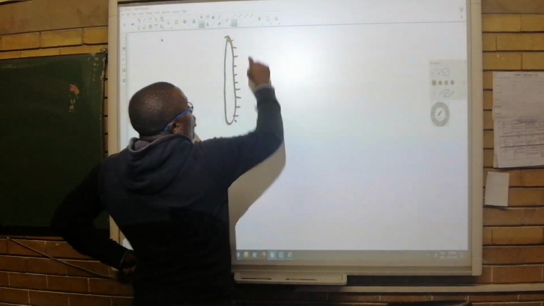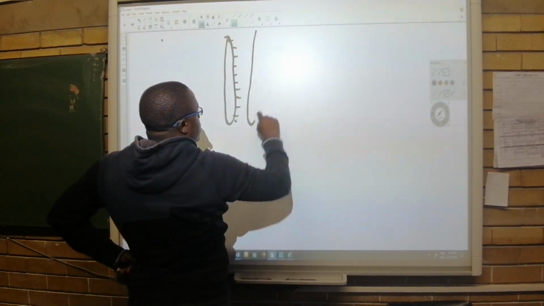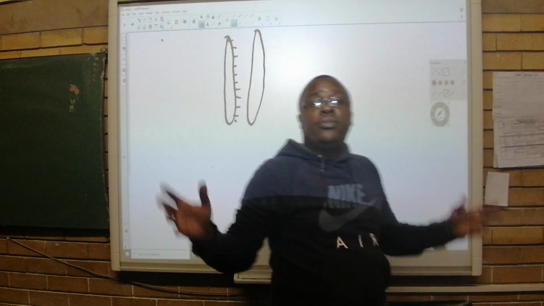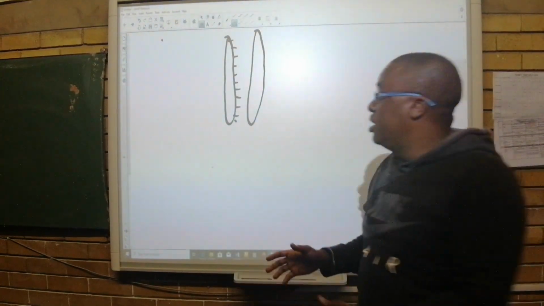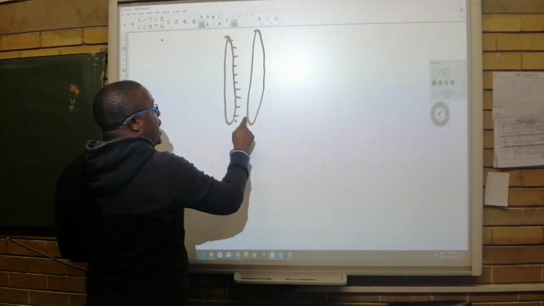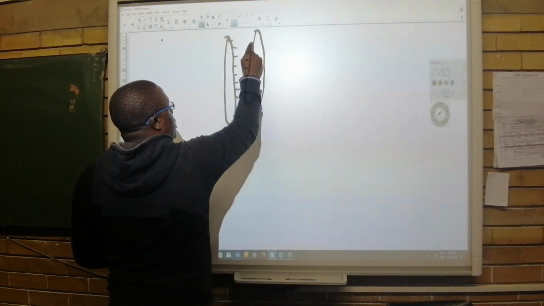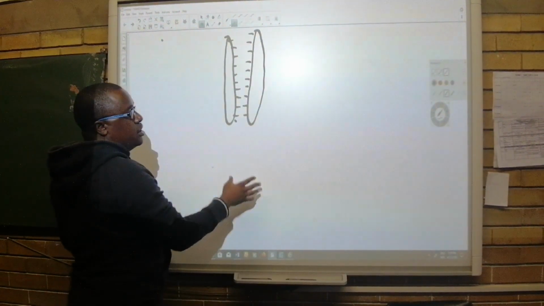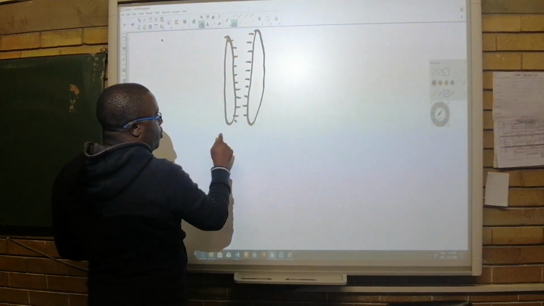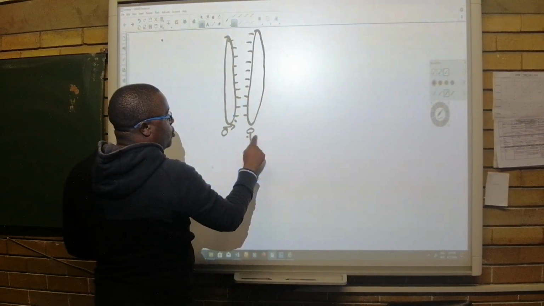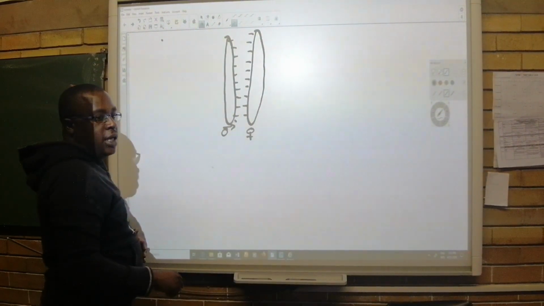And then, in a homologous pair of chromosomes, same size, shape, and genetic composition, you are going to have a situation like this. One coming from your dad, and then the other chromosome coming from your mom.